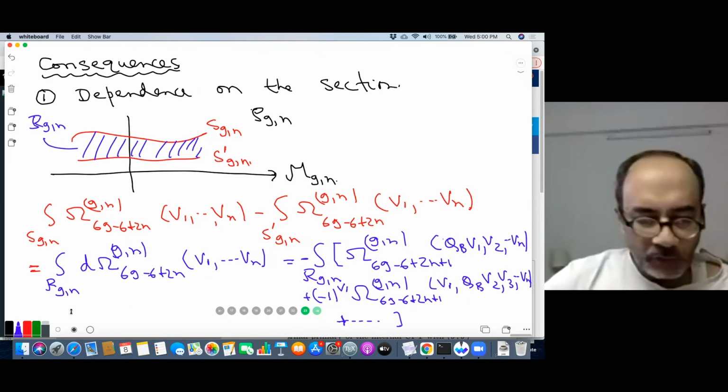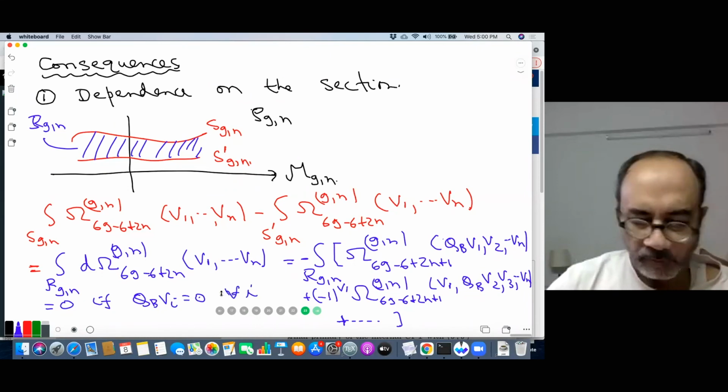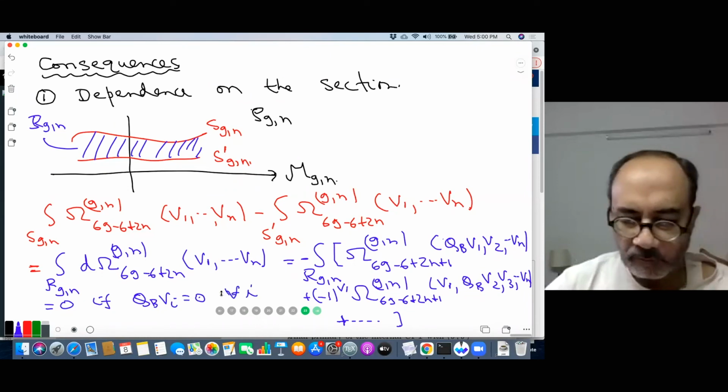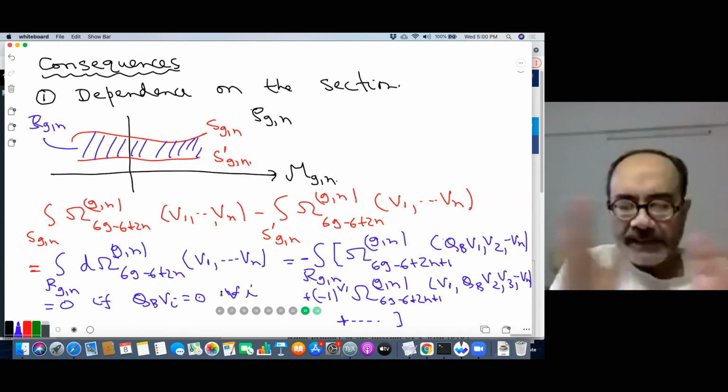So this is 0 if QB Vi equals 0 for every i. So if the external states are on shell, then the result doesn't depend on the choice of section.